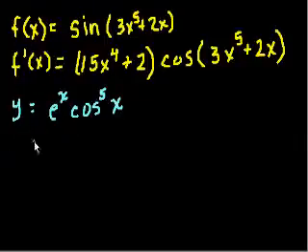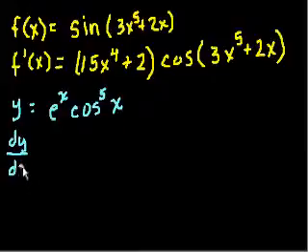So let's see. We want to figure out dy dx. We want to figure out the rate at which y changes relative to x, or the derivative. Apply the derivative to both sides. Well, let's use the product rule. We're going to have to use the chain and the product rules. So first, we take the derivative of this first term.